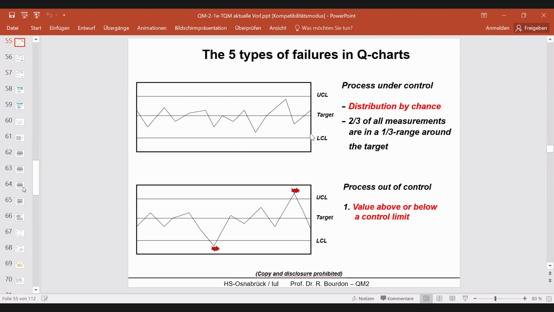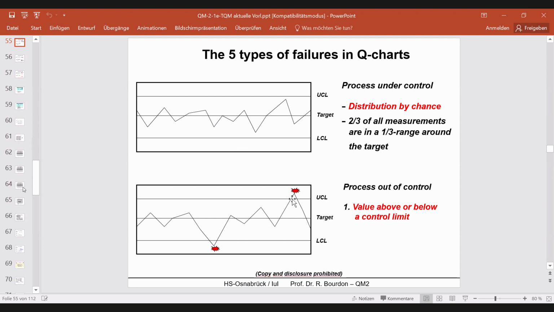The process is under control. This means that 2/3 of all the measurements, 66%, are in a 1/3 range around the target, 1/3 of the tolerance. This is the target here in the middle. Well, this is the goal.